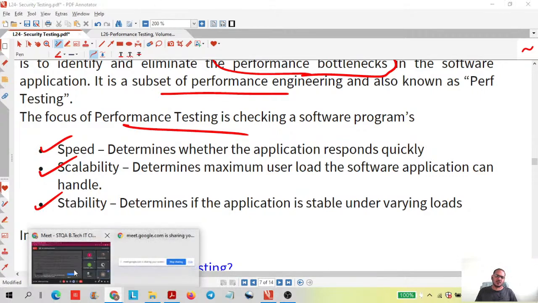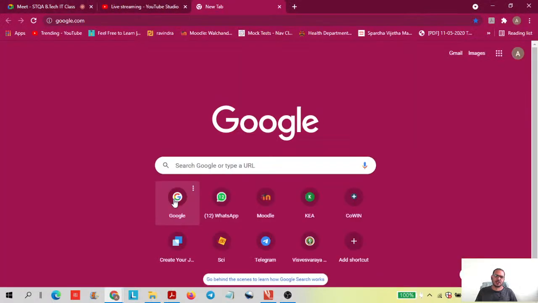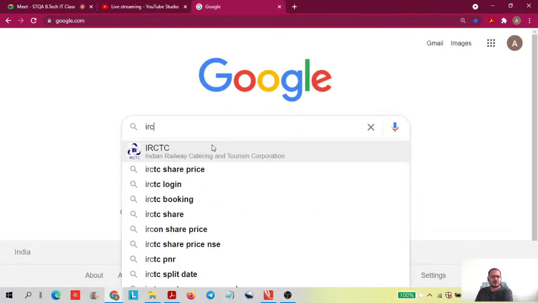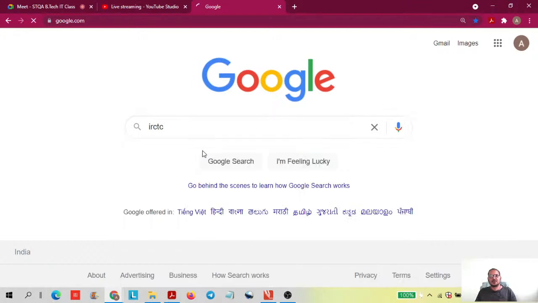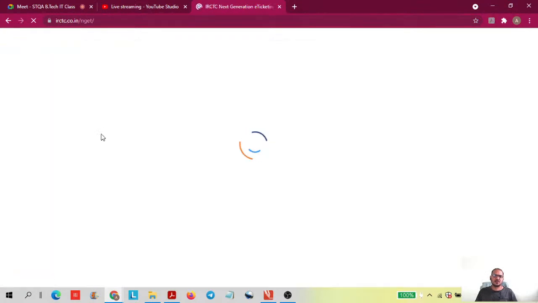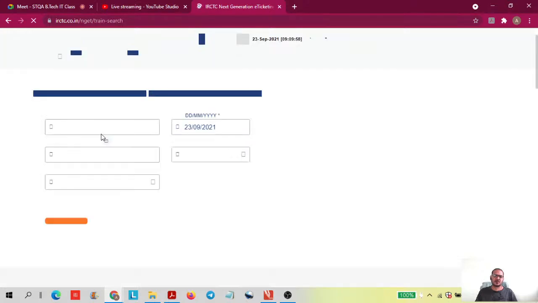Speed is also relevant on the internet. Suppose we go for any application, how quickly it responds. Suppose I type IRCTC, we can check how it is. See, it is taking some time processing.